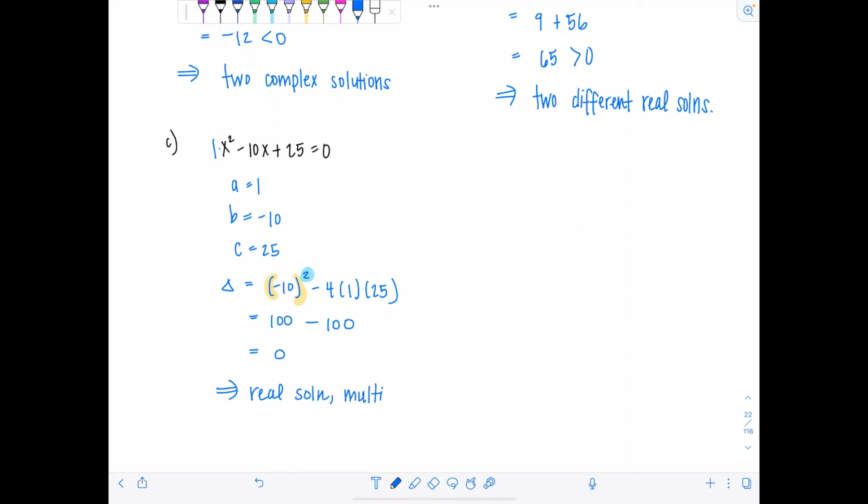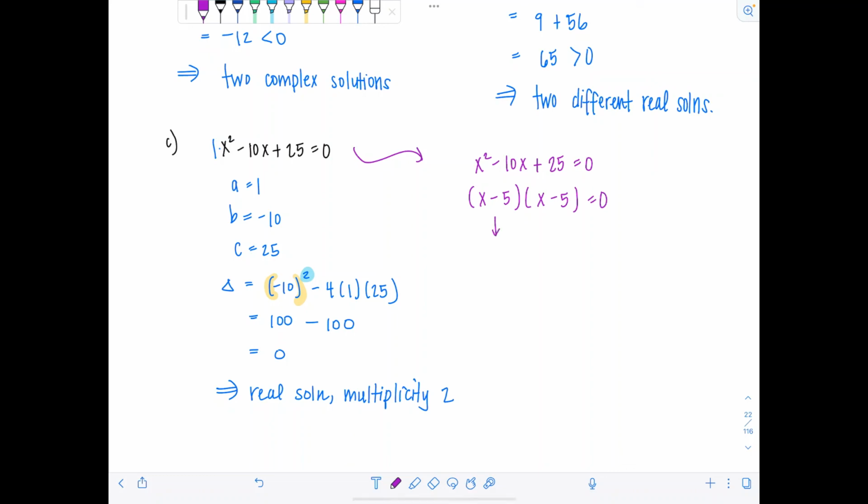multiplicity 2. And I want to show you what that means, okay? So the equation was x squared minus 10x plus 25 equals 0. If you were to try to solve, let's say we're going to solve by factoring, not the quadratic formula, this cute little guy factors. It's going to factor into x minus 5 times x minus 5, right? Good so far? Okay.